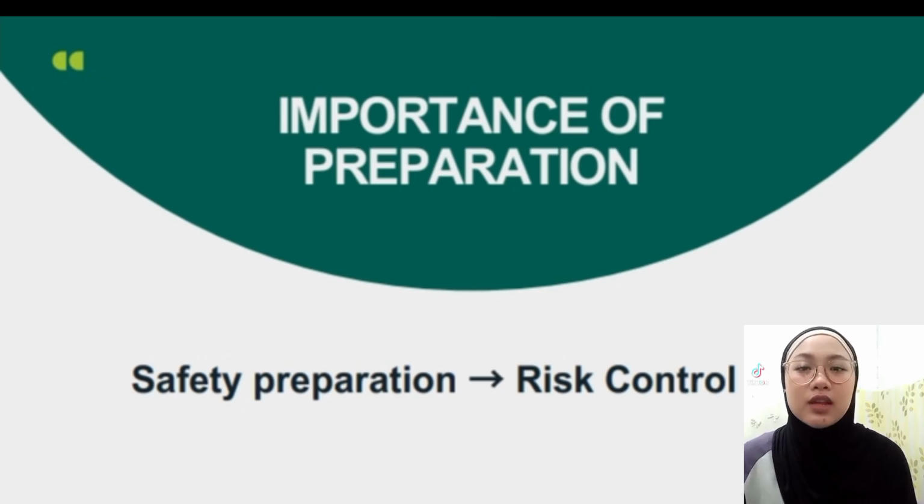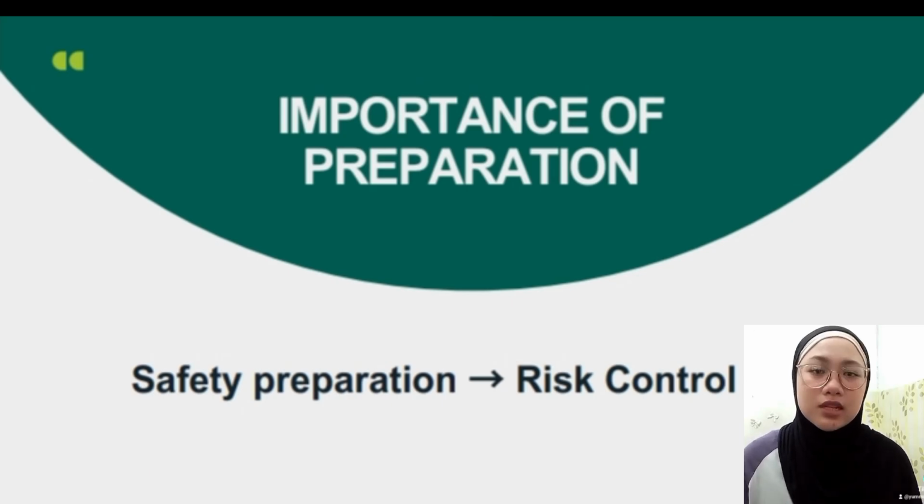And the next one is safety preparation. The safety preparation is a key part of occupational safety and health. Without proper preparation, the risk of accident will increase. So, that is why all the safety procedure must be complete before the compounding process begins.